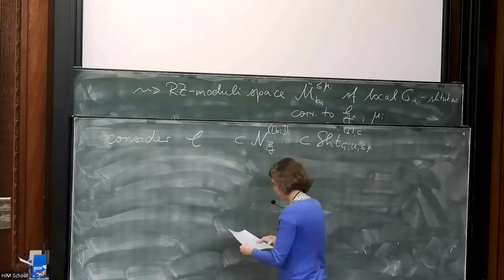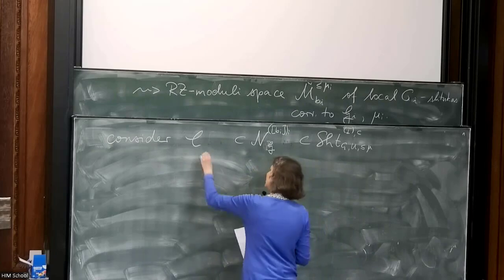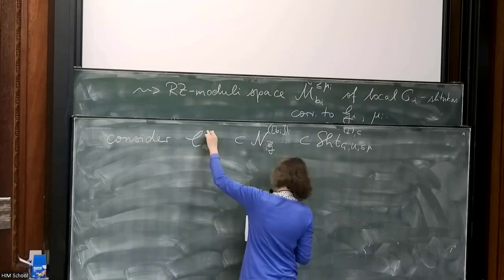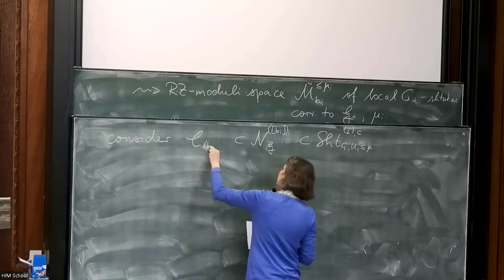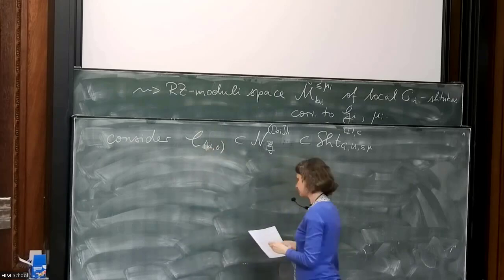And now I want to consider in here an even smaller piece. Maybe I denote this C and then V_i^0.